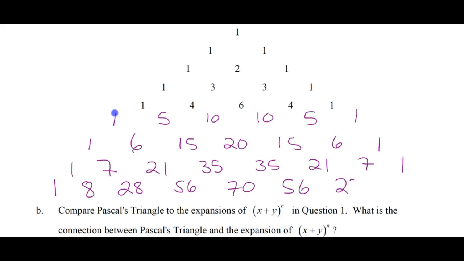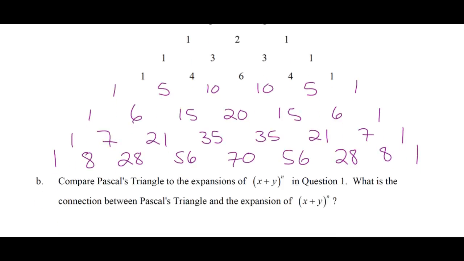Because we know that 7 choose 3 is the same as 7 choose 4, or 8 choose 5 is the same as 8 choose 3. So that's the next 4 rows, right?